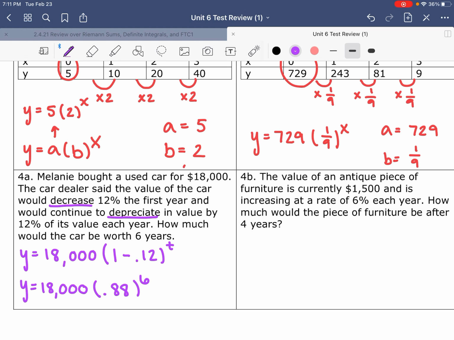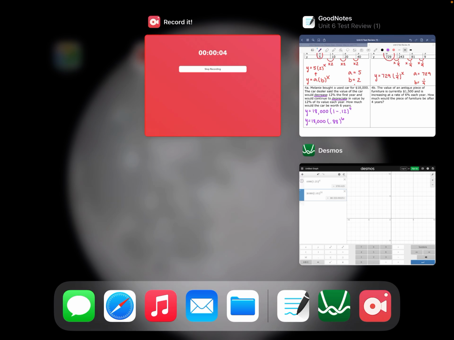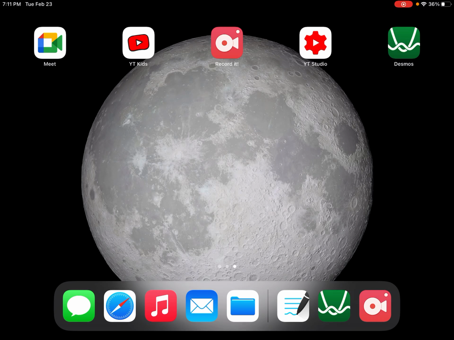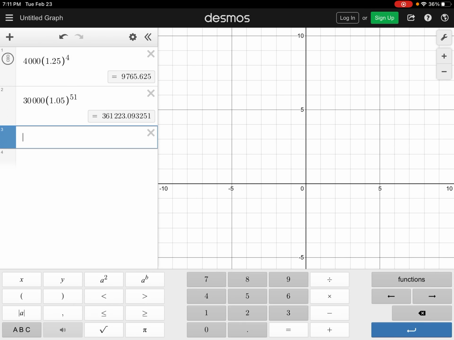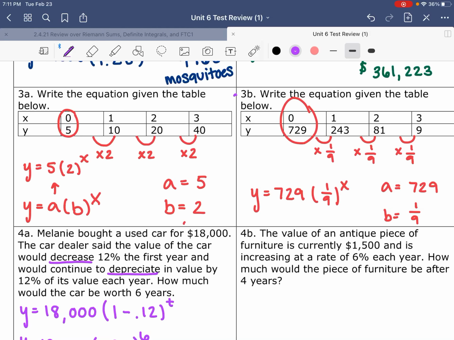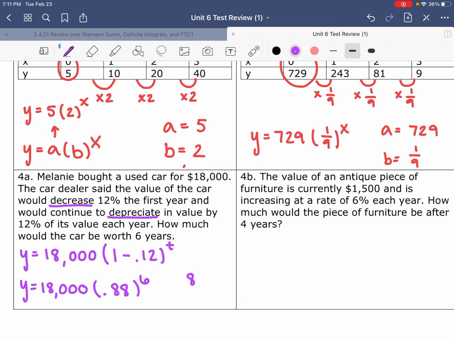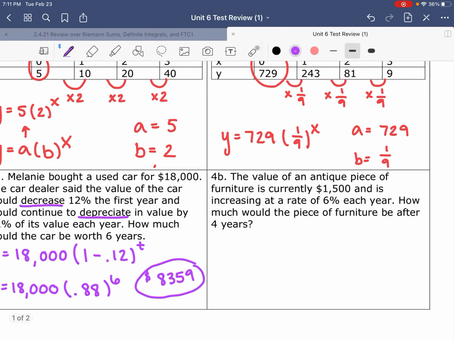And then that's what I'm going to type in to Desmos. So I get 8,359 dollars. So after 6 years, that's how much this car is going to be worth.